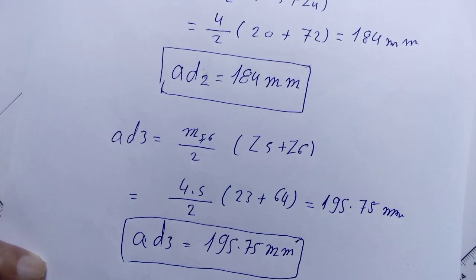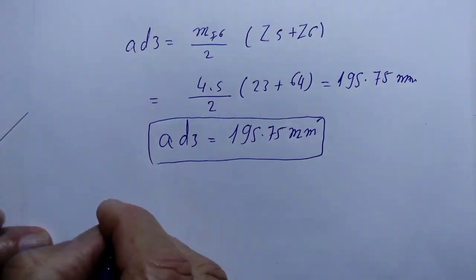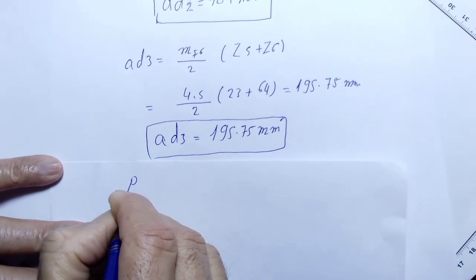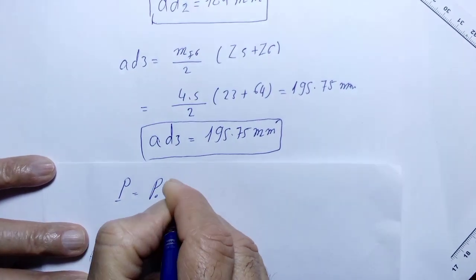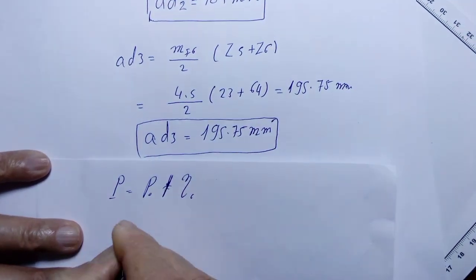The last required is the total power, the required power. The power would be P naught divided by the efficiency.